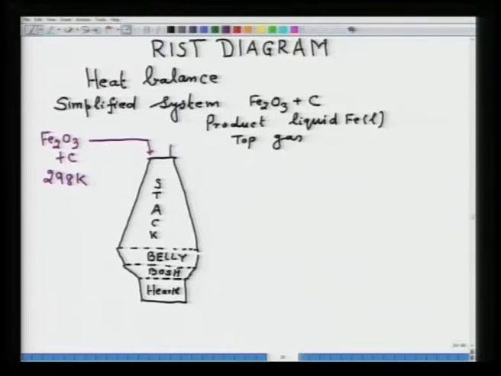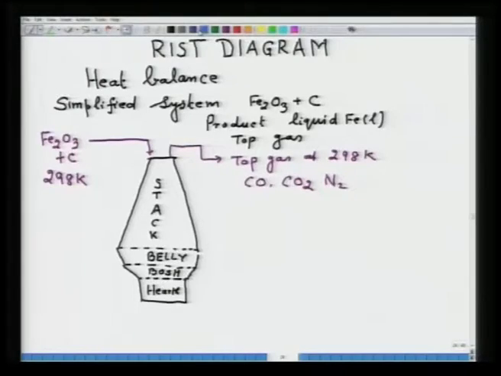So, the top gas is also discharging at 298 Kelvin and comprises CO, CO2 and N2. Mind you, this is a simplified model; in actual practice top gas may go at 300 degrees Celsius or something of that sort. In reality, you do not charge pure iron oxide, you charge iron ore. So, after developing the simplified model, we can add the complexity so that we arrive at actual blast furnace iron making.